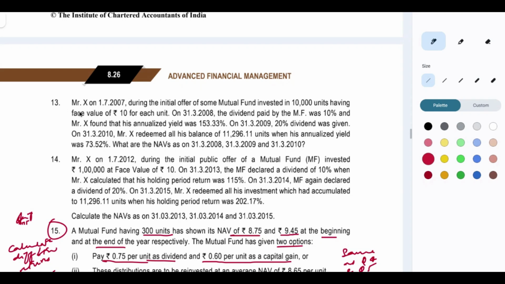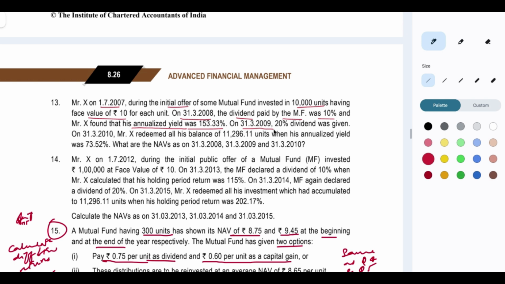Question number 13. Mr. X on 1/7/2007, during the initial offer of some mutual fund, invested in 10,000 units having a face value of rupees 10 for each unit. On 31/3/2008, the dividend paid by MF was 10% and Mr. X found that his annualized yield was 153.33%.